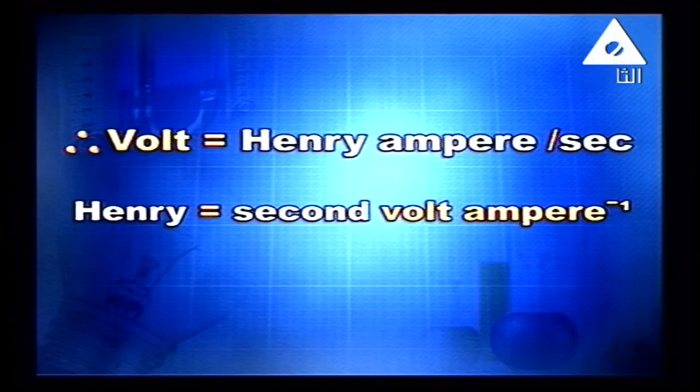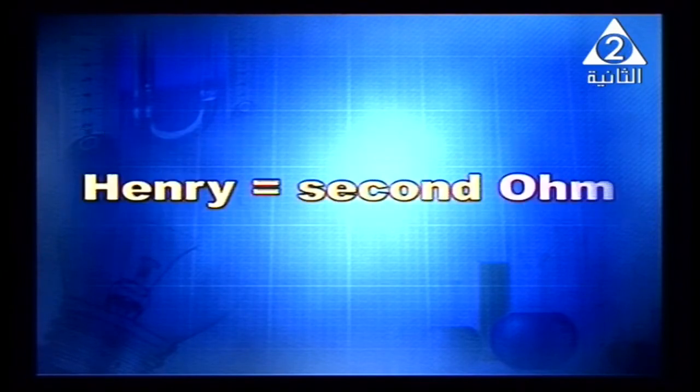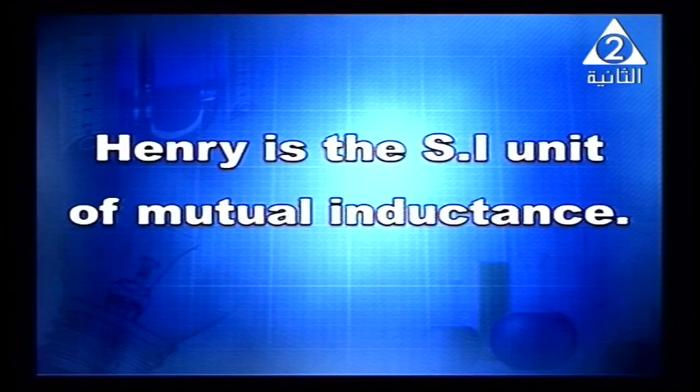So Henry is equivalent to second volt amperes to the power negative 1. And what about volt amperes to the power negative 1? It is ohm. So Henry is equivalent to second times ohm, or ohm second. Henry is the SI unit of mutual inductance.